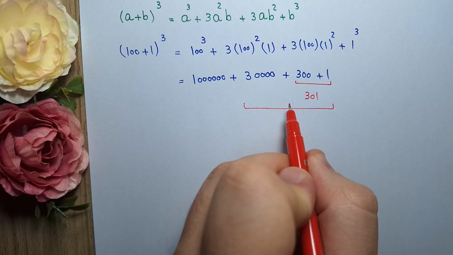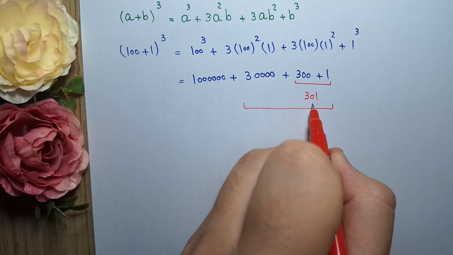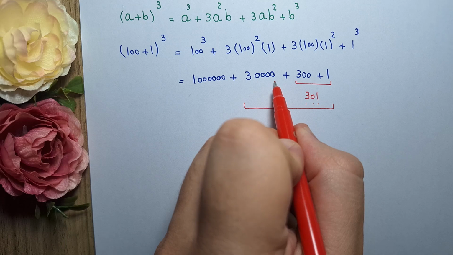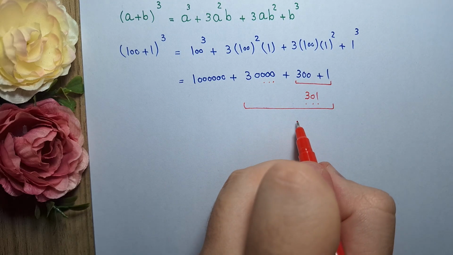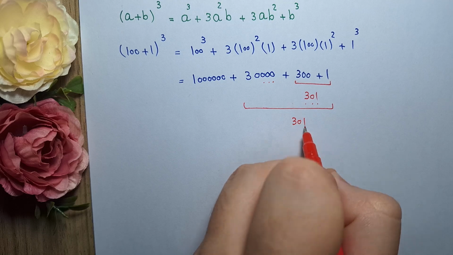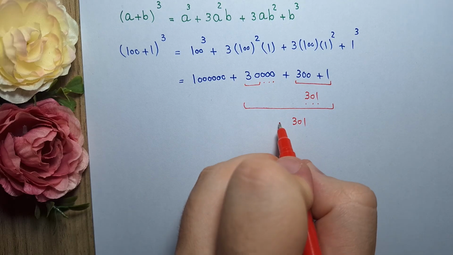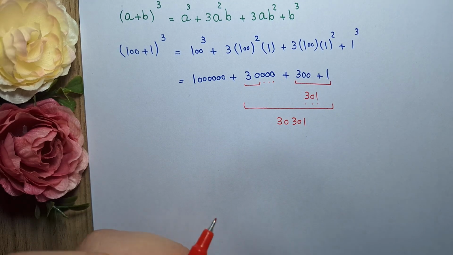And the sum of these two terms: let's select 3 digits from here, 1 2 3, so write 301 and put 13 in back of this.